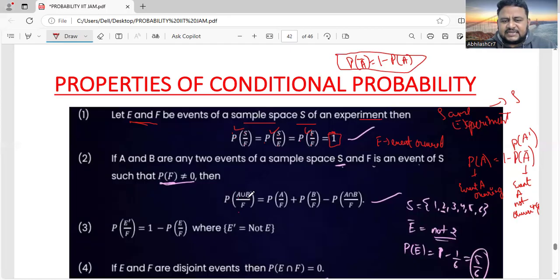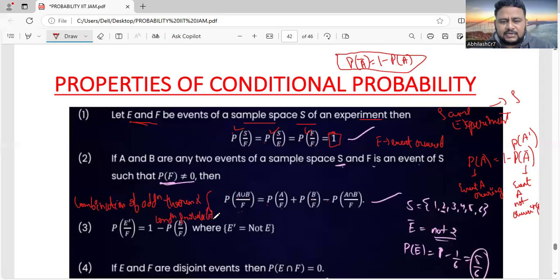So there are two events A and B such that P of A union B by F is equal to P of A by F plus P of B by F minus P of A intersection B by F. This formula is nothing but a combination of the addition theorem and conditional probability.